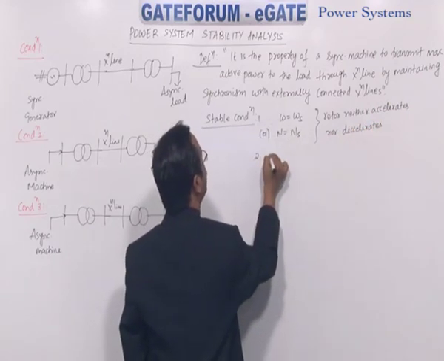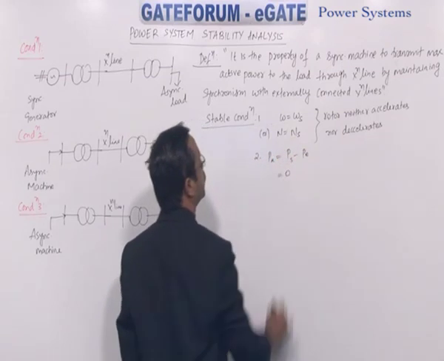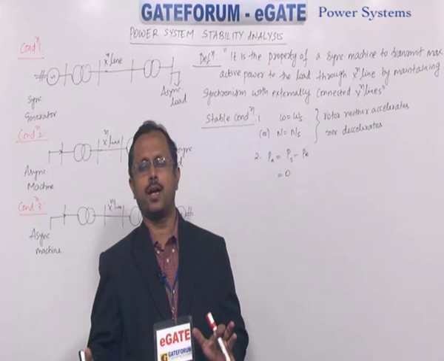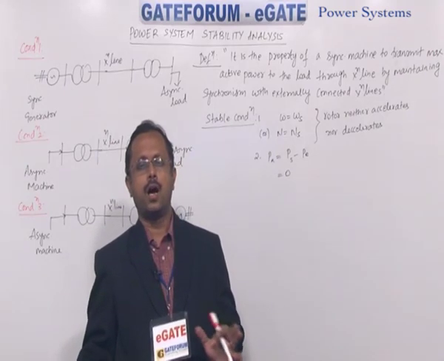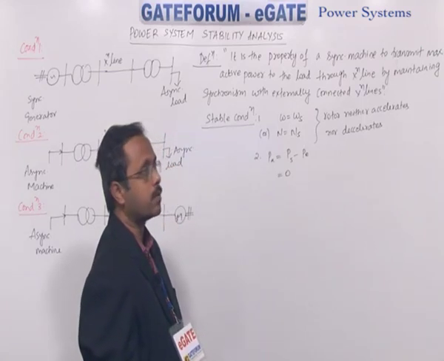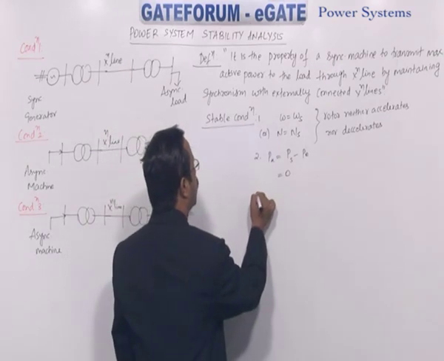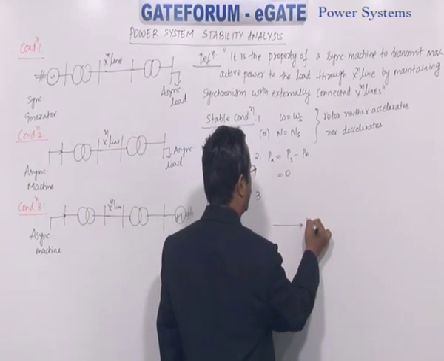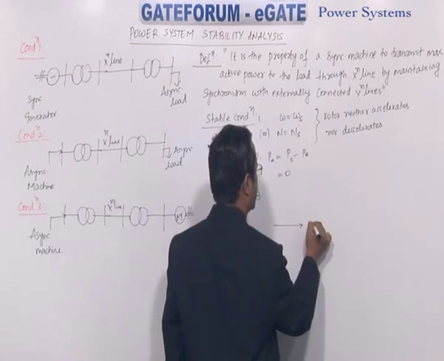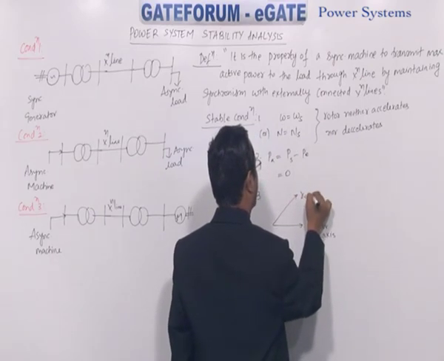Then what is the accelerating power? Mechanical input PS minus electrical output is 0. For a synchronous generator, input is mechanical PS, the shaft input, and output is electrical P. So PA is 0. And what about delta now? We have the stator axis and here the rotor axis.